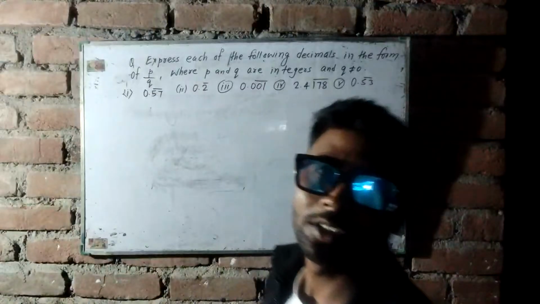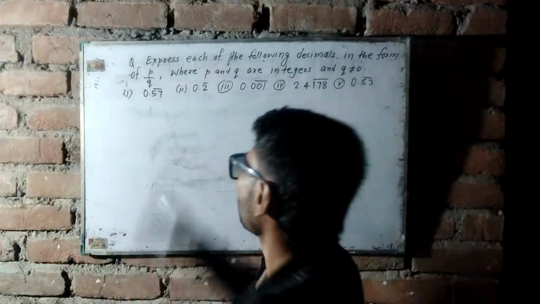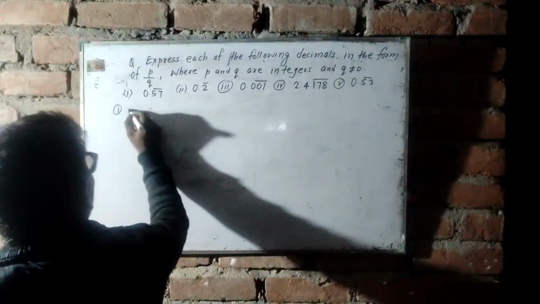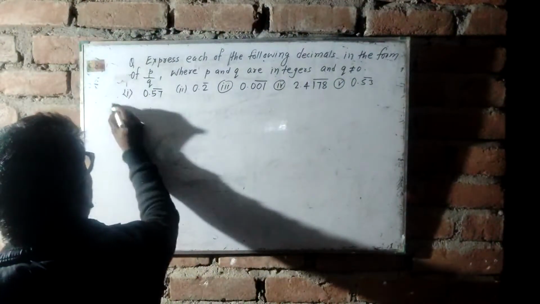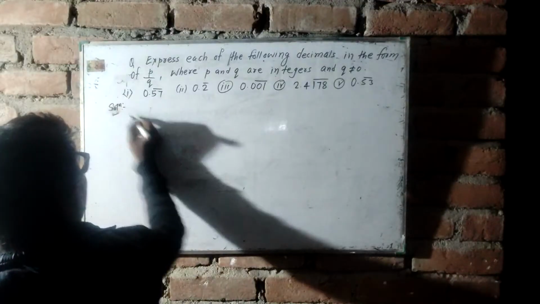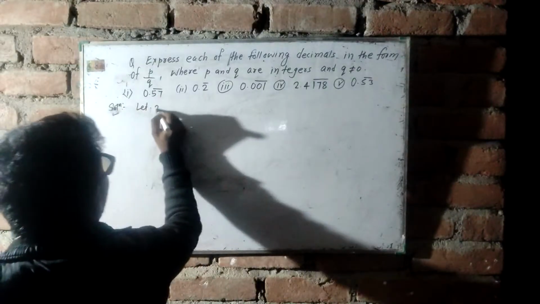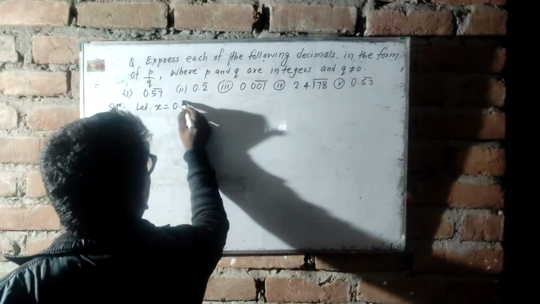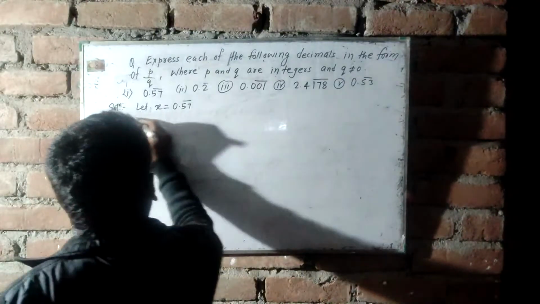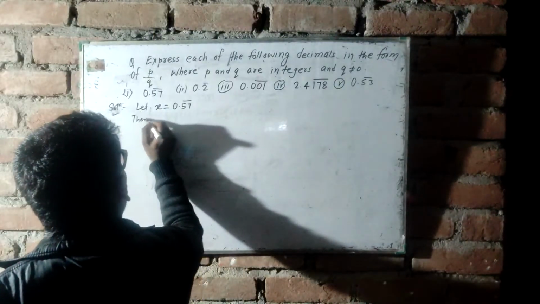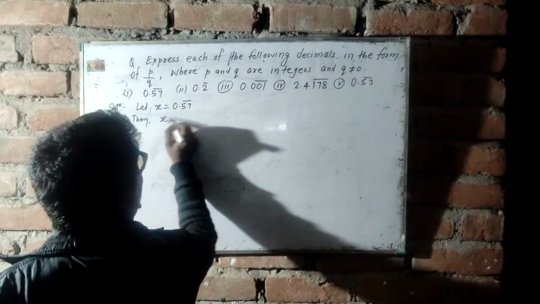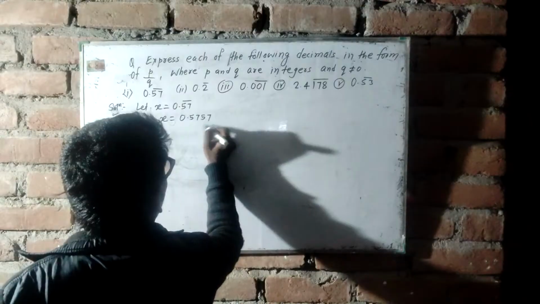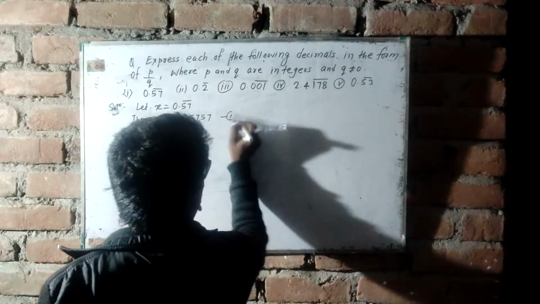Have a look, guys. Solution of question first. Let x be equal to 0.57 repeating. Then x is equal to 0.5757 as equation first.